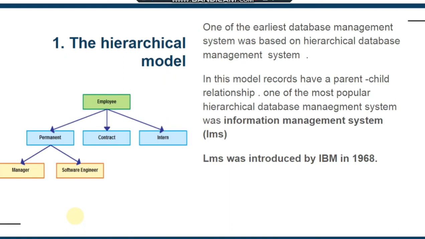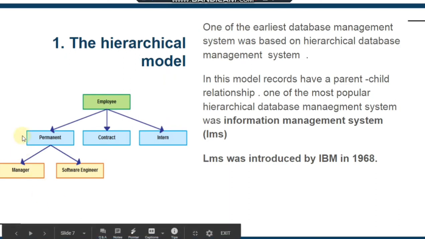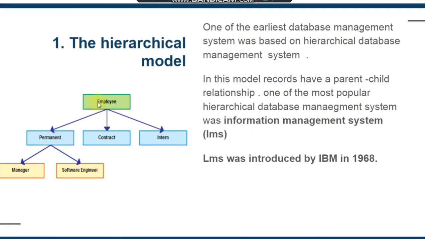Look at the diagram present on the screen. We have employee, with a relationship with permanent, with contract, with intern. These are different entities present in the organization. The hierarchical model represents the relationship among the different entities present in the organization. With the help of arrows, we specify the relationship.